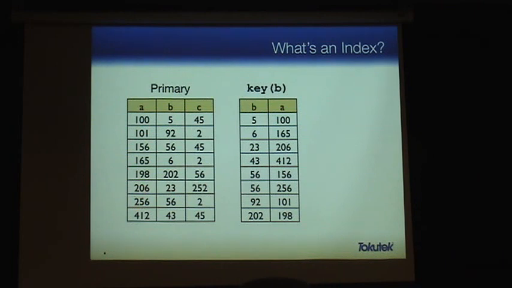Then you have a secondary dictionary, or the index dictionary, that is ordered on what you define, which is here B. The value is going to be the primary key A, but you can think of this value as just a row identifier. So if I'm looking at the index and I see something here, 56, 156, this 156 serves as an identifier back into the primary dictionary for the entire row.